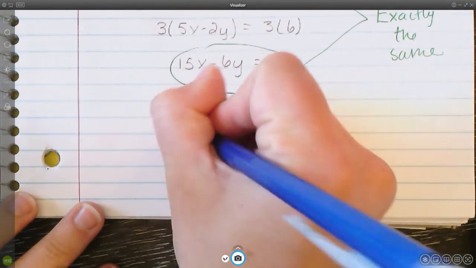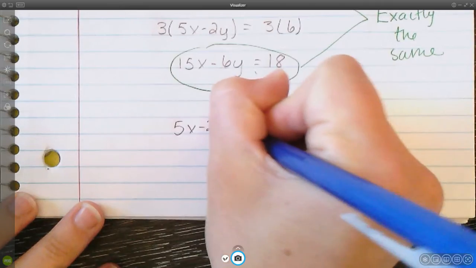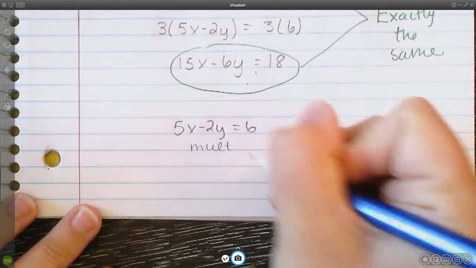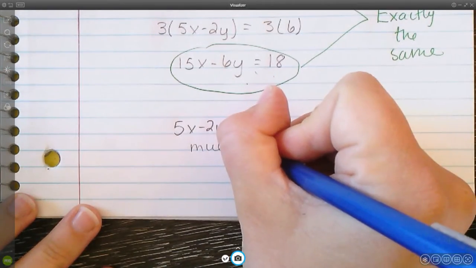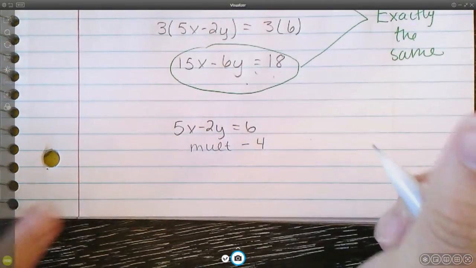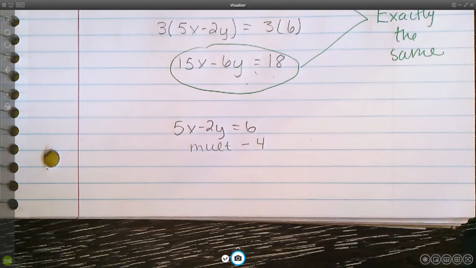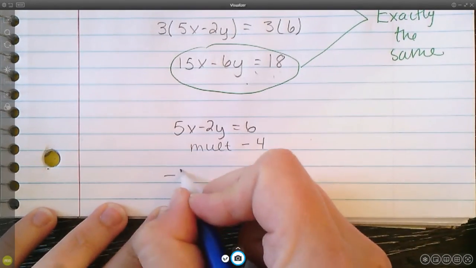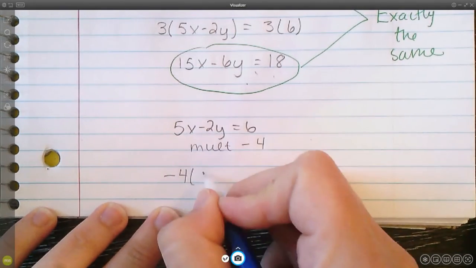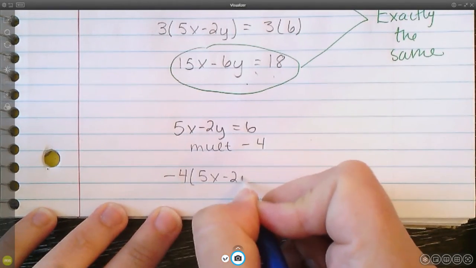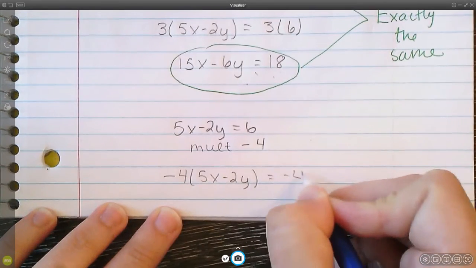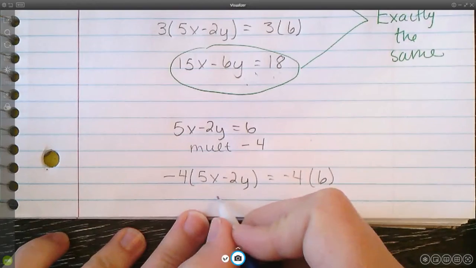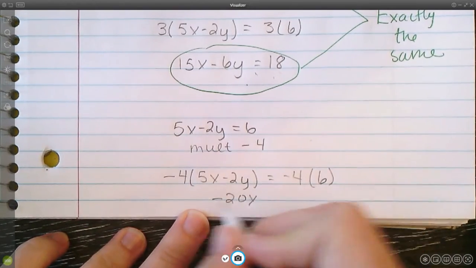So let's say again we have 5x minus 2y equals 6. This time we want to multiply by, let's do negative 4. So it doesn't matter what you multiply by as long as it's the same. It can be positive or negative. So when we write this, we're going to have negative 4 times the left side, 5x minus 2y, equals negative 4 times 6. Okay, you distribute the negative 4, so you get negative 20x.